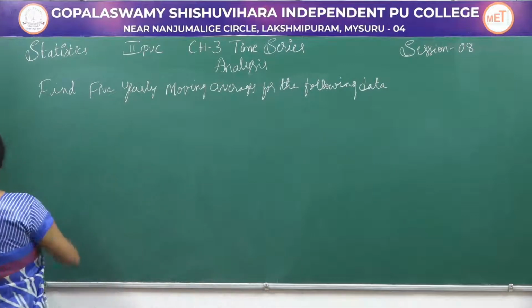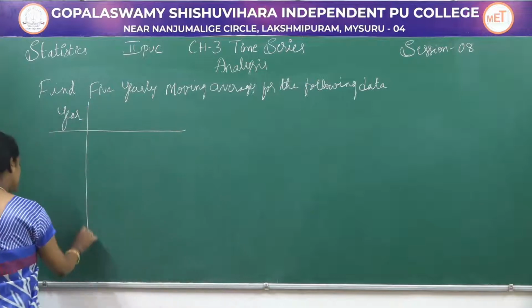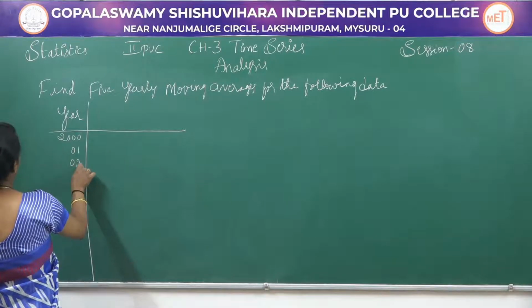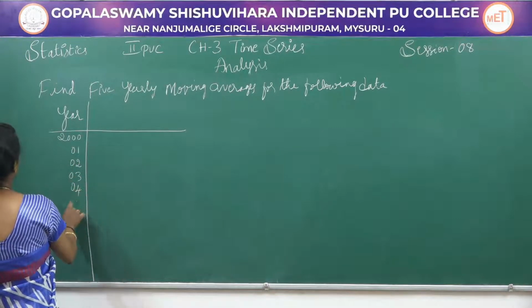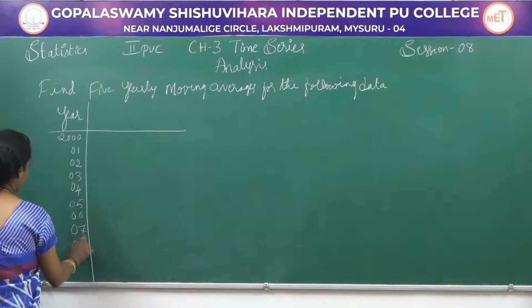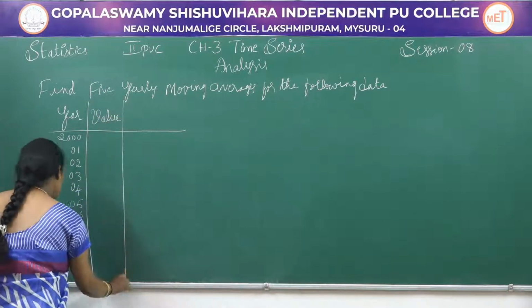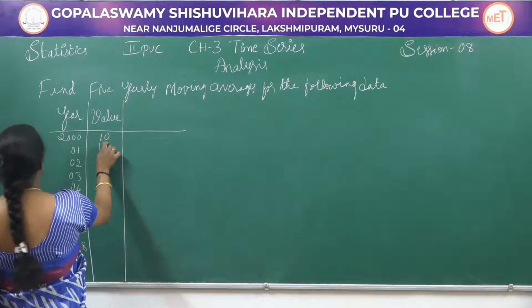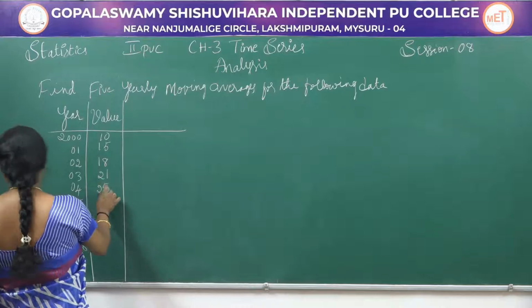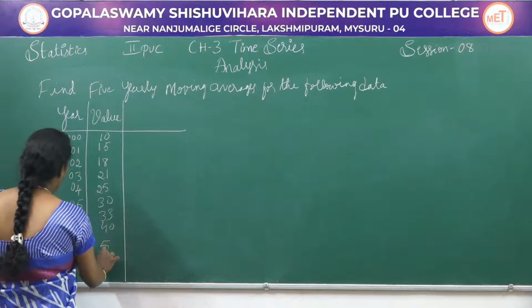And this is the data we have here. The years are 2000, 2001, 2, 3, 4, 5, 6, 7, 8, and the next values are 10, 15, 18, 21, 25, 30, 33, 40 and 50.